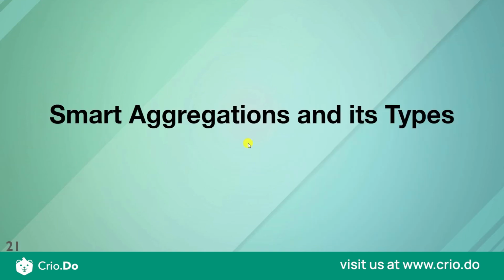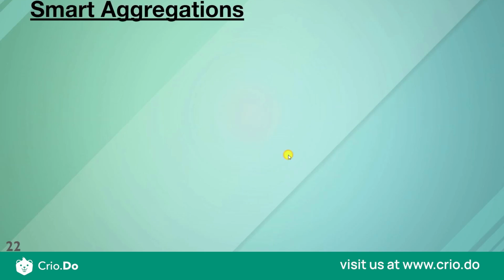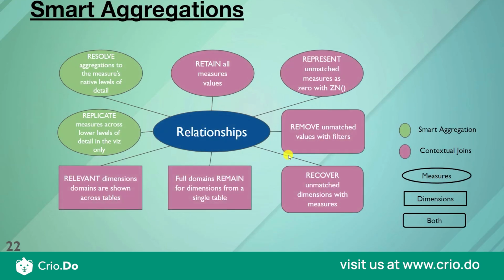In relationships, we have a concept called smart aggregations and its types. Let's see what smart aggregations are and what the things are in relationships. Whenever you use a relationship concept for your data source, Tableau brings in the right data from the right tables at the right aggregation, handling all the level of detail for you.